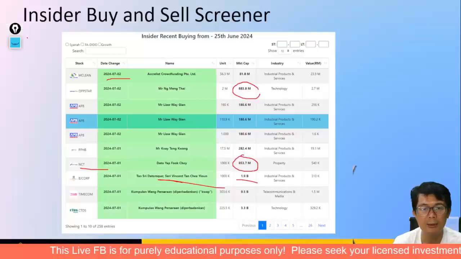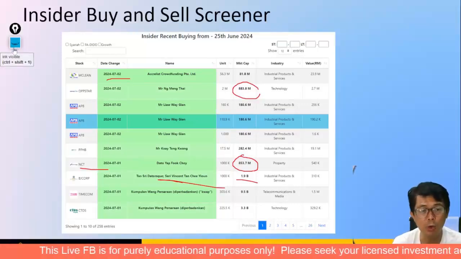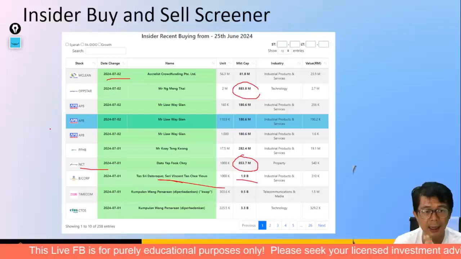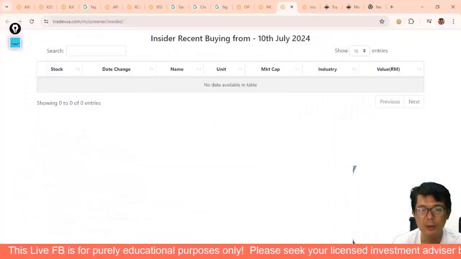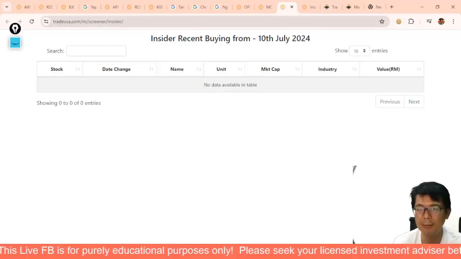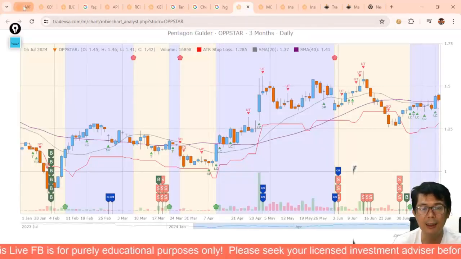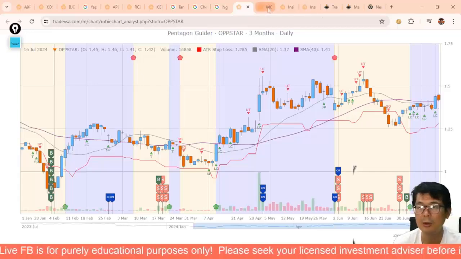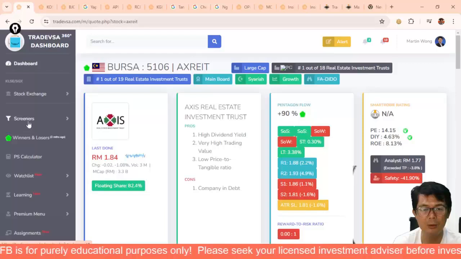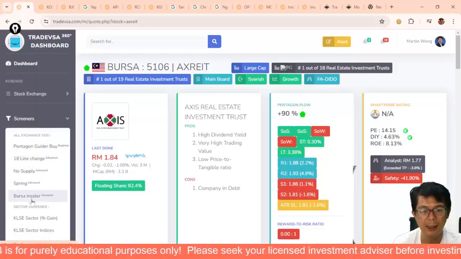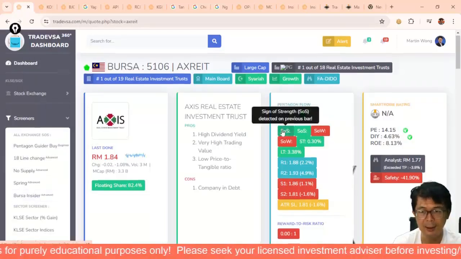So that's all we have for the how-to tutorial for insider buying and selling. For our members, VSA360, once you log in, make sure you check it out in the system. It's in the screener under Bursa Insider.